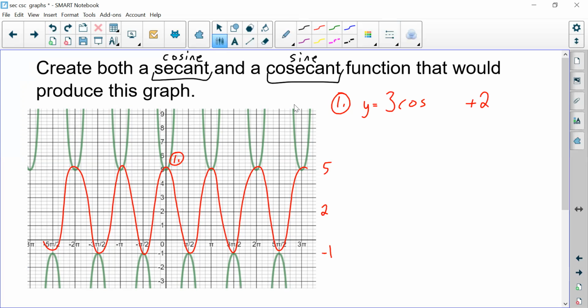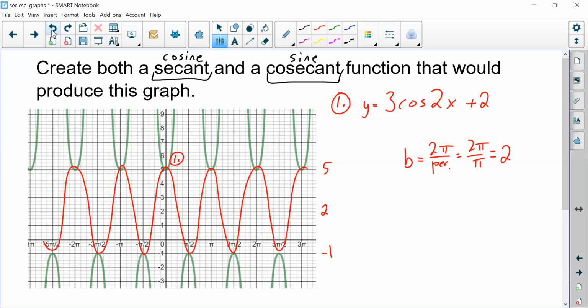But what's the period here? The period is smaller. It's pi. Remember, guys, how many cycles do you go through in a 2 pi distance? You went through 2 full cycles. So the b value is just simply 2. Or you can always do 2 pi divided by the period, which in this case is 2 pi divided by pi.